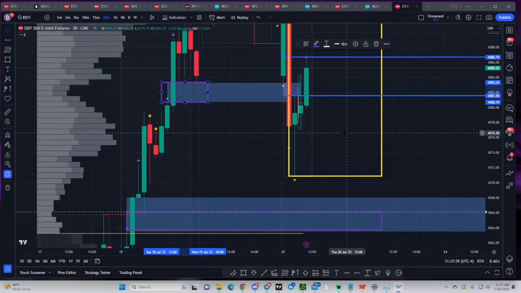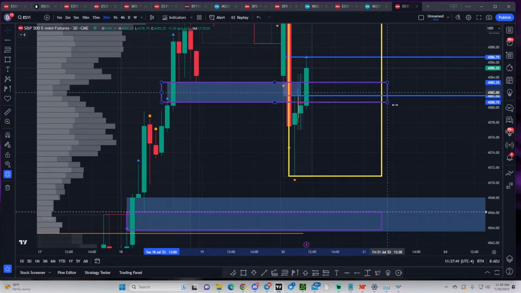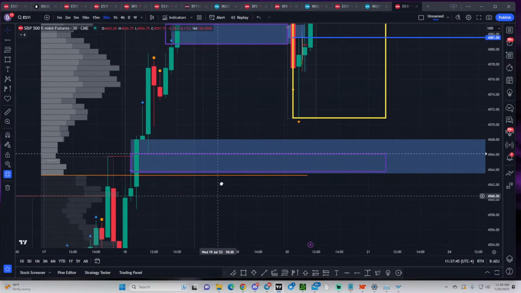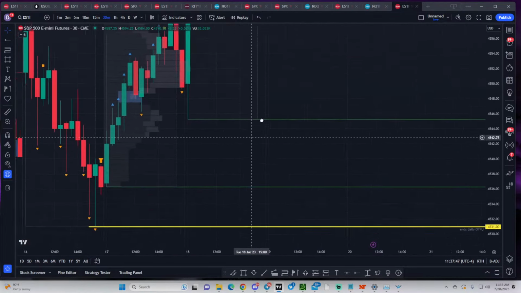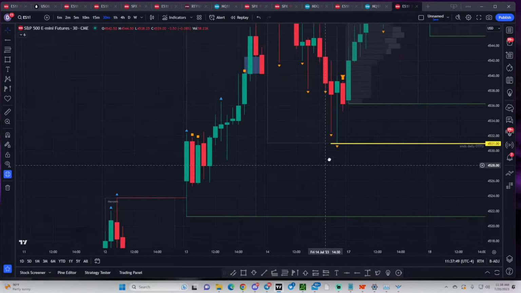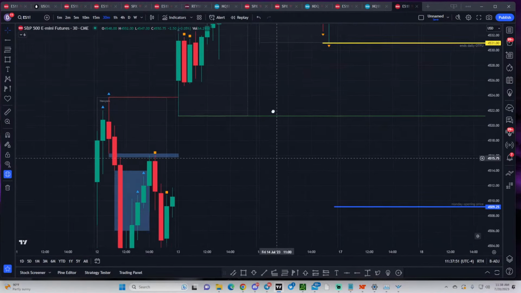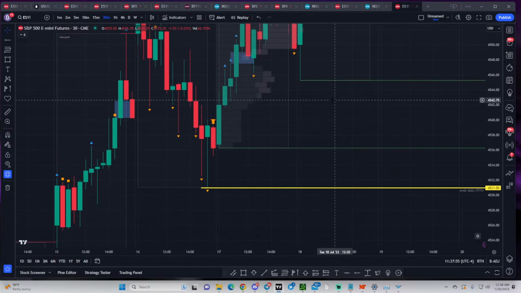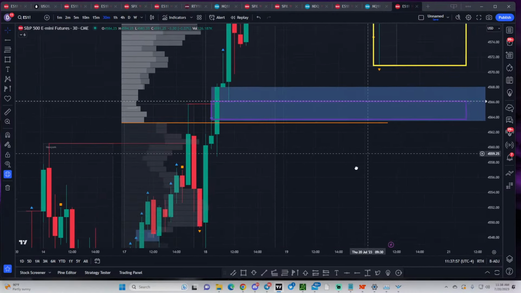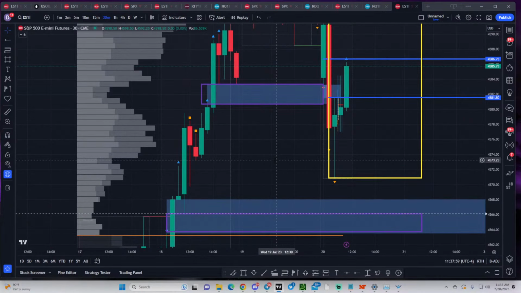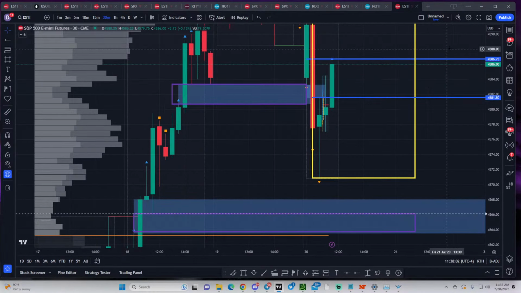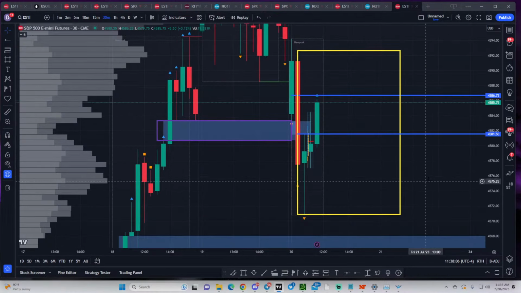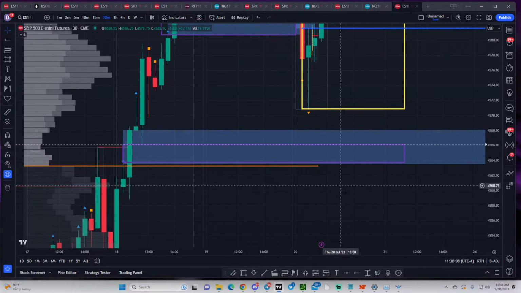I'm glad I'm out. This one will print those zones for you, so you don't have to manually find them. You can see more zones over here. What this indicator also does is identify single prints. It doesn't look like we have a single print here just yet.